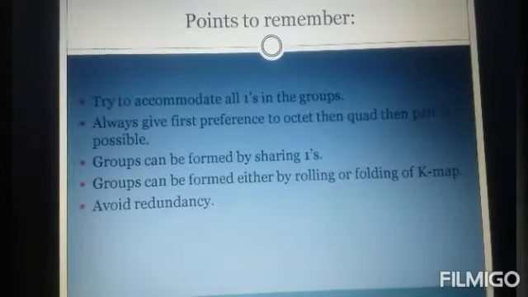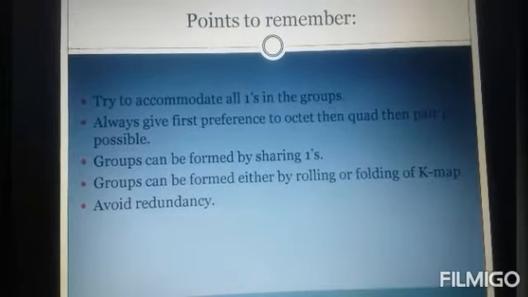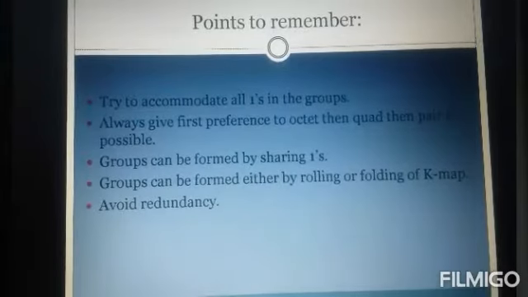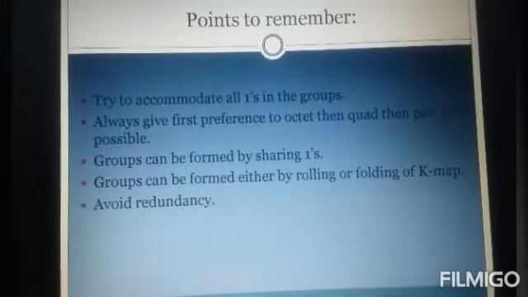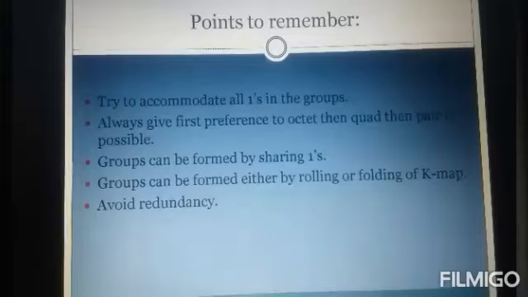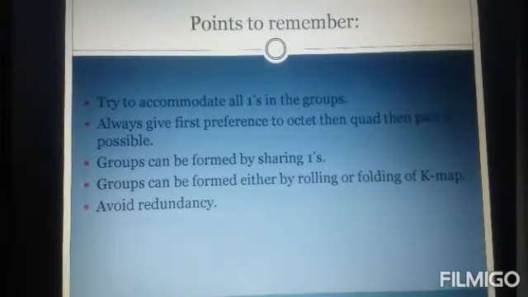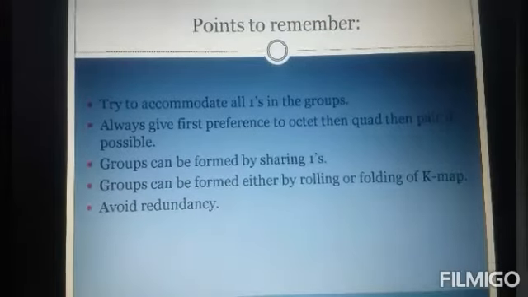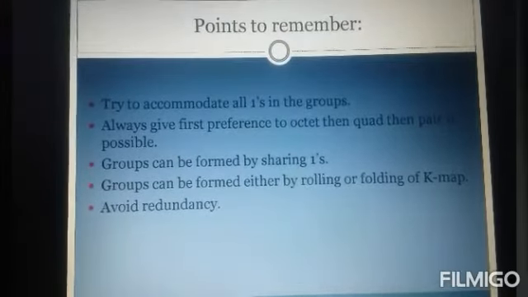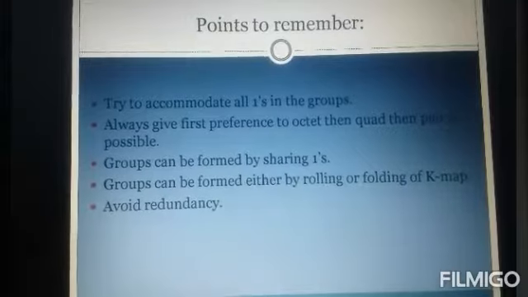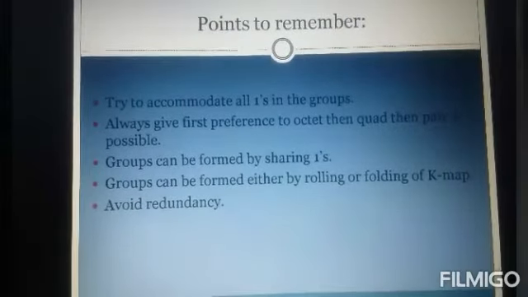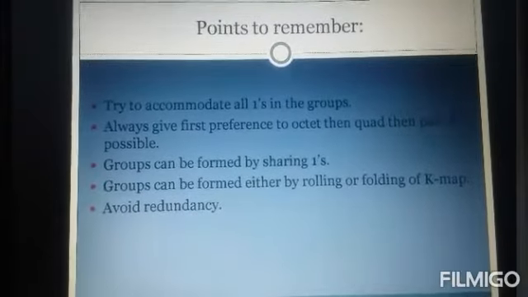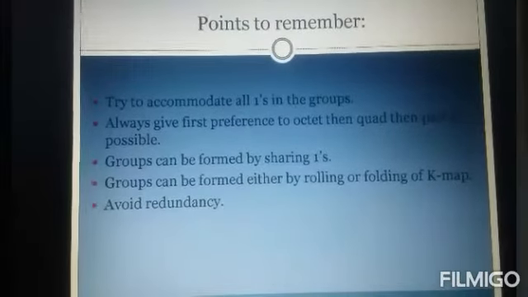If it is possible to create an octet, then go with the octet, because an octet provides us a reduced expression with 1 variable. A quad provides a simplification to a 2 variable expression, and a pair provides a 3 variable expression. That's why we are concentrating on octet, because it provides 1 variable, quad provides 2 variables, and pair provides 3 variables. And we want a reduced expression, that's why we want a smaller number of variables.